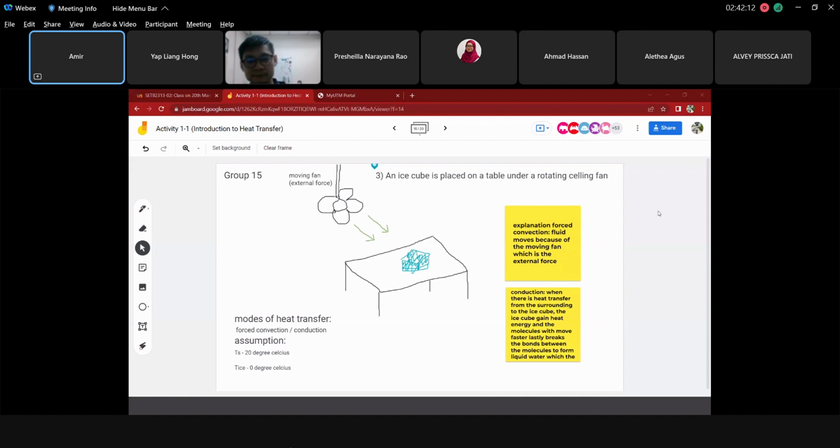And for conduction, when there is heat transfer from the surrounding to the ice cube, it gains heat energy and the molecules move faster, lastly breaking the bonds between the molecules to form liquid water. You focus on heat transfer. You don't need to focus on phase change. All right.